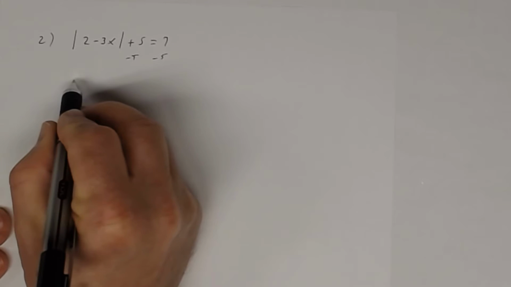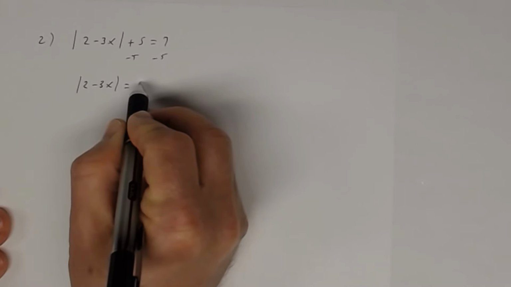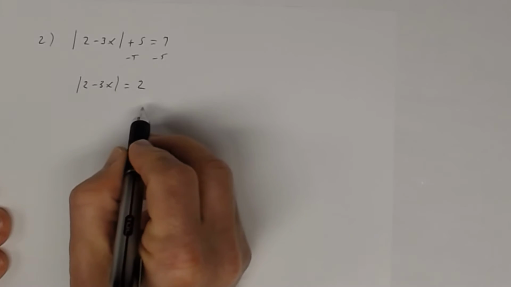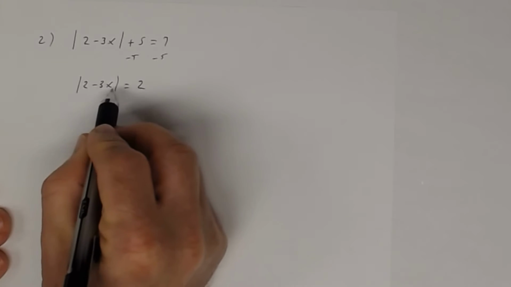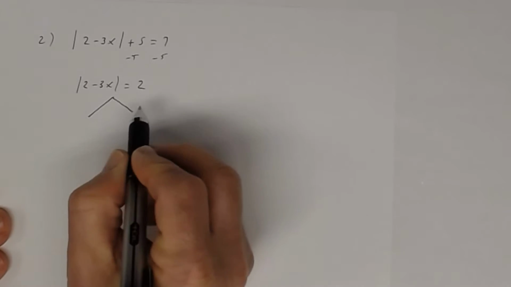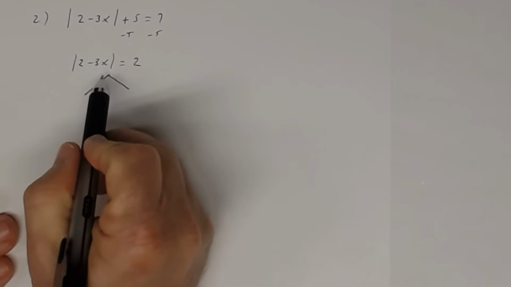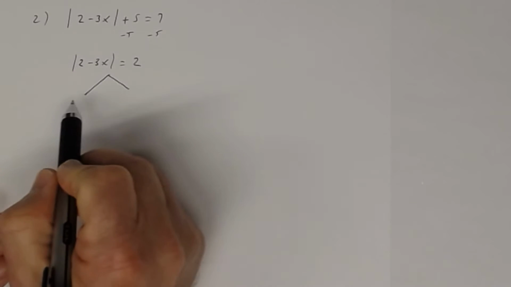Once I subtract 5 from both sides, I get the absolute value of 2 minus 3x is equal to 7 minus 5, which is 2. Now the absolute value expression is by itself, and so I can rewrite this into two separate equations without the absolute value bars.